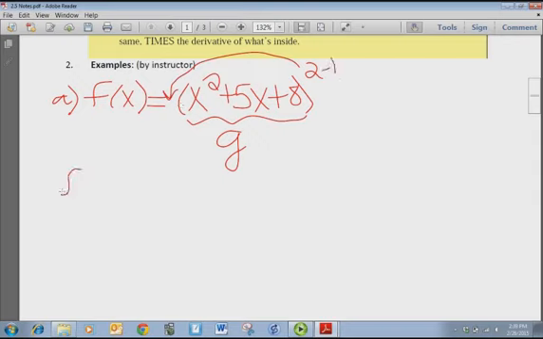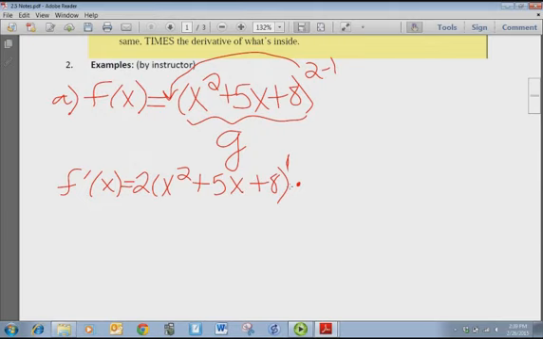So our derivative so far looks like this: 2 times x squared plus 5x plus 8, now to the first power. So we haven't really used the chain rule yet. We've just used the power rule.